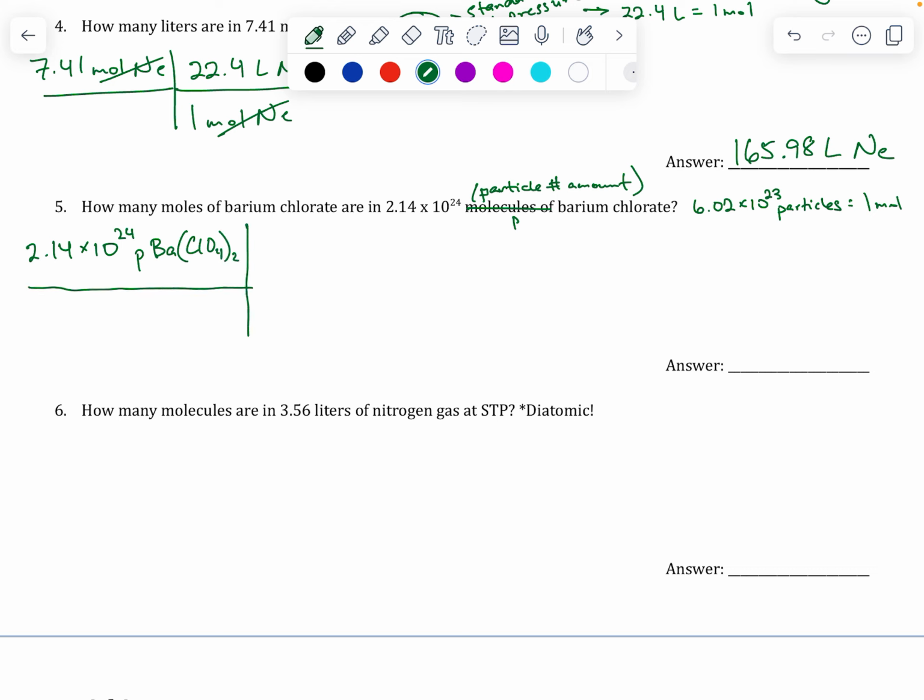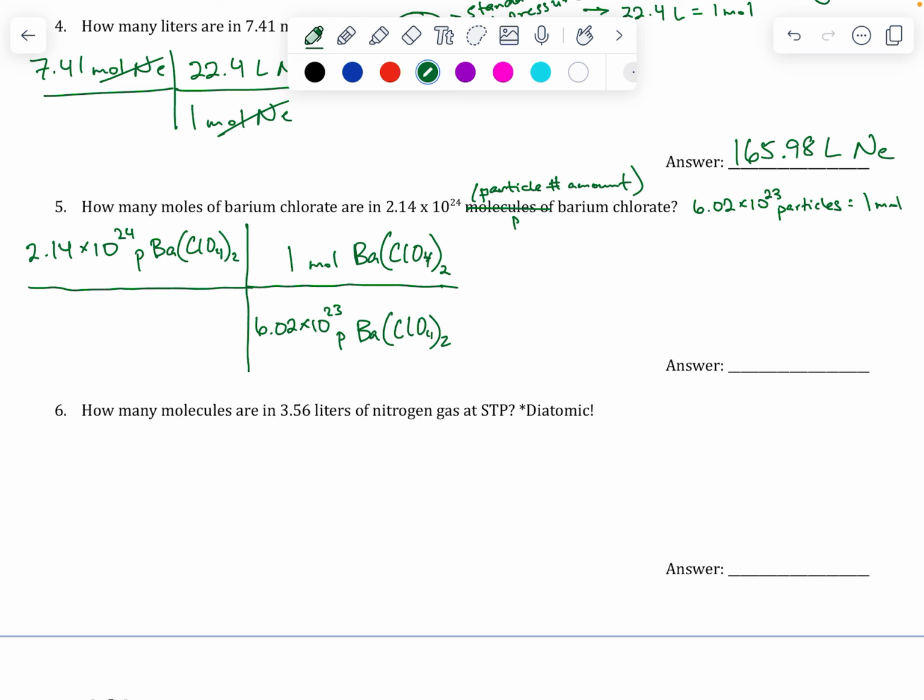And set up our table or your factor label. I know that there are 6.02 times 10 to the 23rd particles of this barium chlorate in 1 mole of that. All right. So remember, our mole is kind of like the bridge unit.